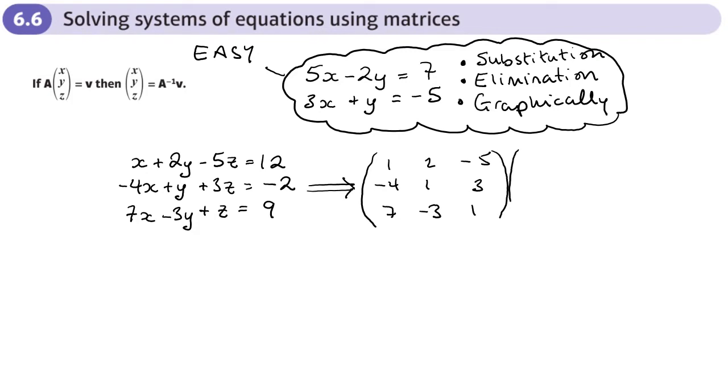And then next to that, I'll write a matrix that's got x, y, and z. Now you can see that if I were to multiply out this matrix, I'd get basically 1x plus 2y minus 5z, which is the first row. Second row, negative 4x plus y plus 3z. And the bottom row, 7x minus 3y plus z.